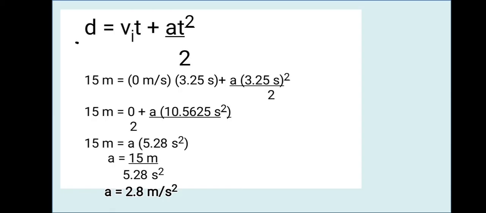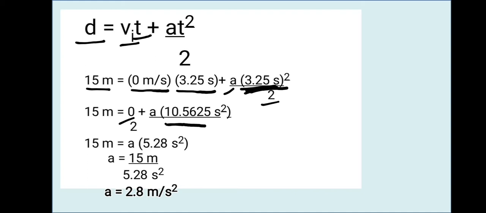So in this case, we have here the D 15 meters, the VI 0 meters per second, the T 3.25 seconds plus A times 3.25 seconds squared over 2. Okay, so 0 plus 3.25 seconds times 3.25 seconds. The answer is 10.5625 seconds squared divided by 2.